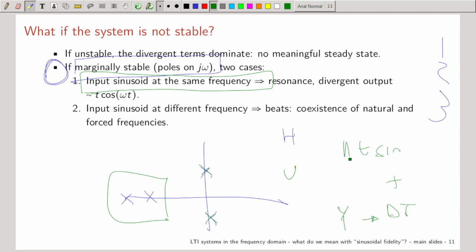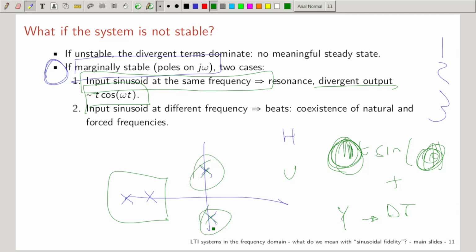Potentially amplified, potentially shifted. It's a divergent output. Those ones, you might still compute with the formulas before, even if it's not very meaningful to apply them. But you see that in a certain sense, you still have an amplification and a shifting. Are we together? And that amplification, that shifting might depend on that omega.